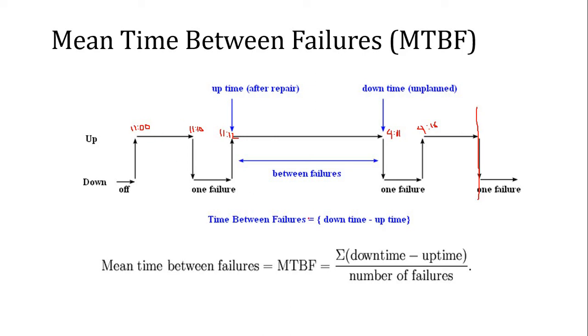The equation is downtime minus uptime. We are always calculating the downtime. There might be a value here of 11:11, meaning the system starts to go down at 11:10 and is totally shut down at 11:11. But you have to calculate from the moment it starts going down and until the moment it is totally up, not from here.